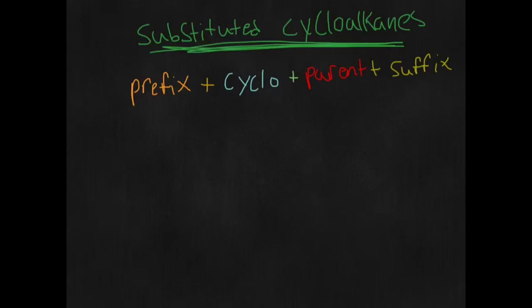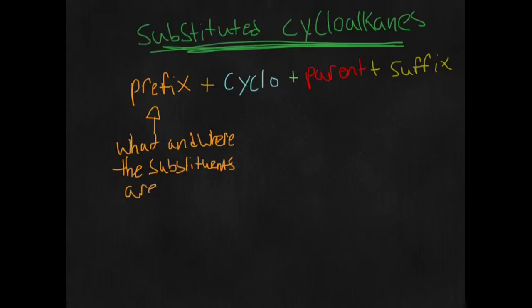So when we're looking for the prefix, we want to look for what and where the substituents are. When we want to look for the cyclo, the cyclo is pretty simple.